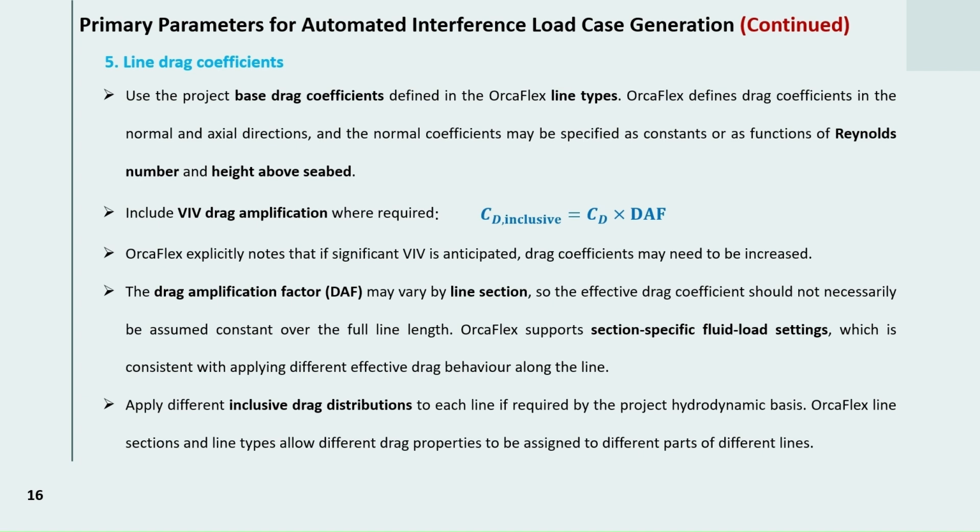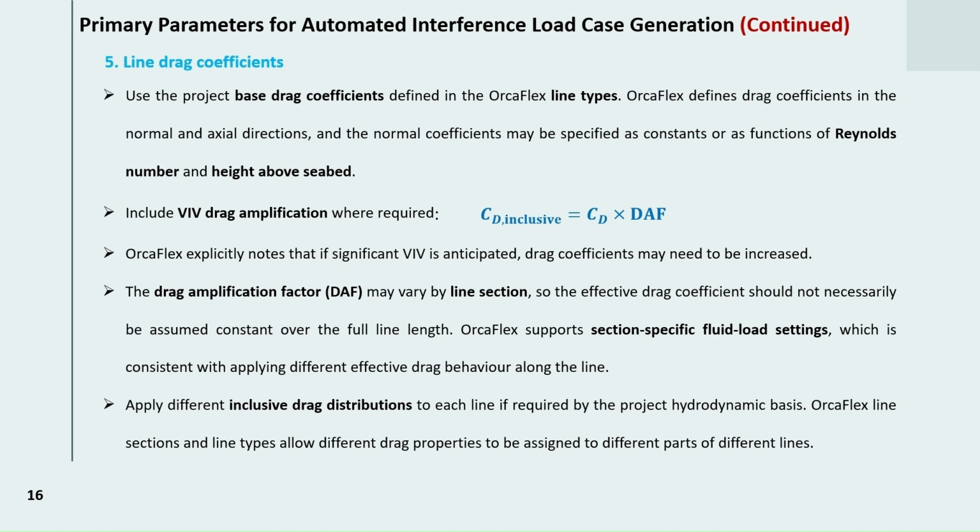For interference analysis, the starting point is always the project base drag coefficients. But in some cases, this is not enough. If the project design basis requires it, we also include VIV drag amplification. In that case, the effective or inclusive drag coefficient is calculated as the base drag coefficient multiplied by the drag amplification factor, or DAF.